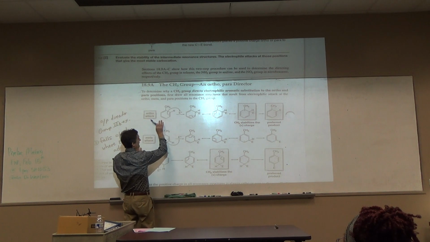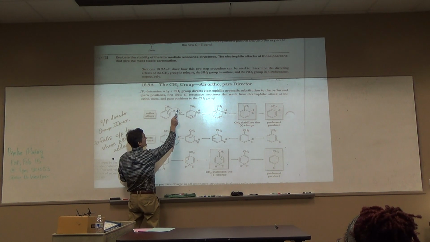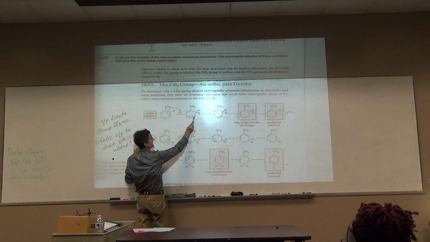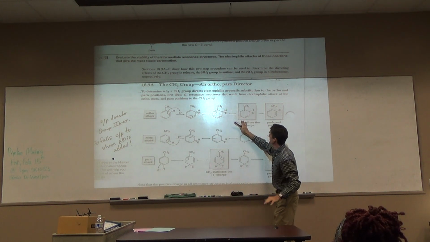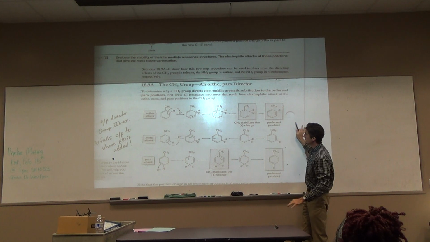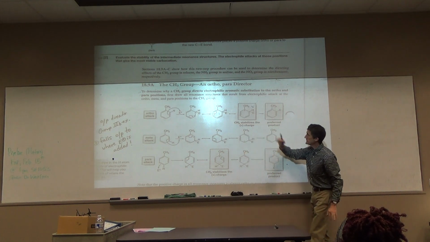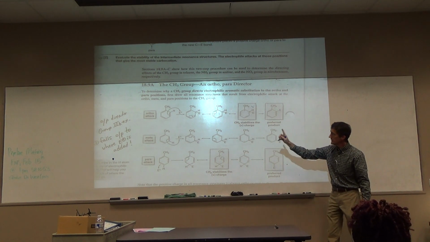If the attack occurs ortho, it's going to leave a cation. We can do resonance, and we've already done this for the methyl. Remember, we said tertiary cation. Well, look, here you go, it's in the box. There's your stabilization, if we do that route.